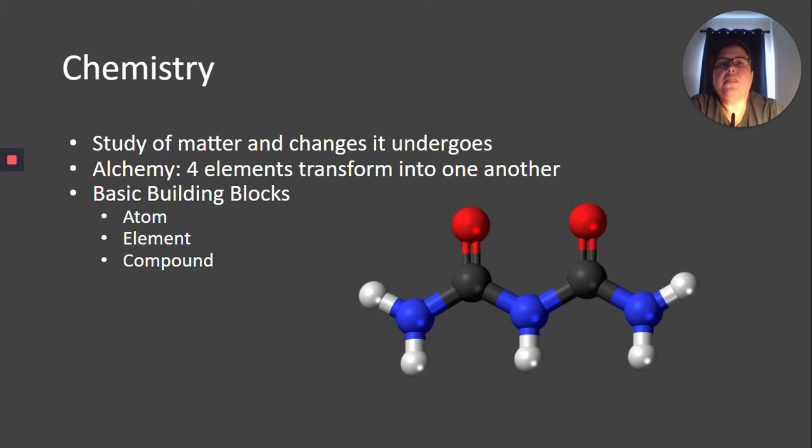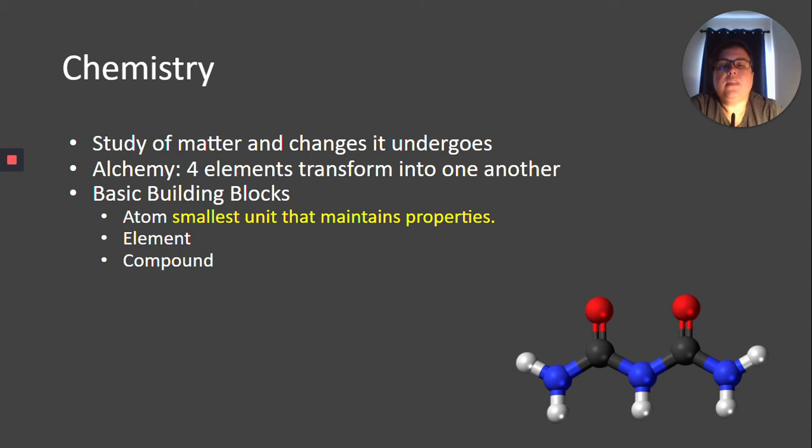And so there's three basic building blocks of chemistry. You have the atom, which is the smallest unit of matter that maintains those properties. If you have the same atom, you have a group of things that all have the same properties, they all have the same number of protons, then it's called an element. Now, elements are found on the periodic table.